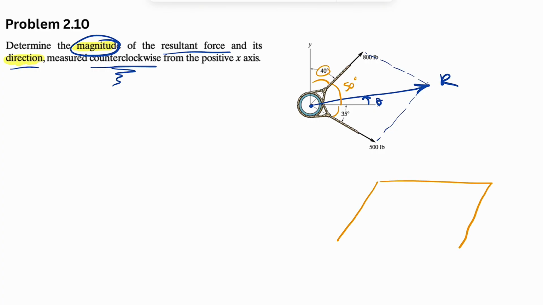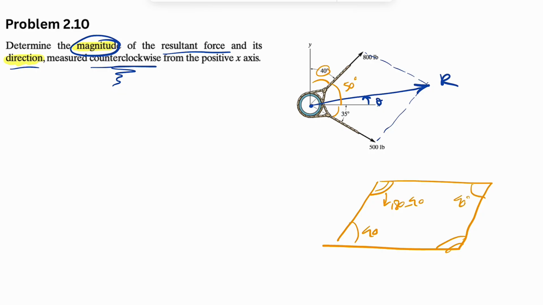As we talked about in the parallelogram, once you have one angle, you basically have all the angles. For example, when we have this angle, let's say 40 degrees, this angle right here would be 180 minus 40, and these two angles are the same, and this one is the same as the other one, 40 degrees.